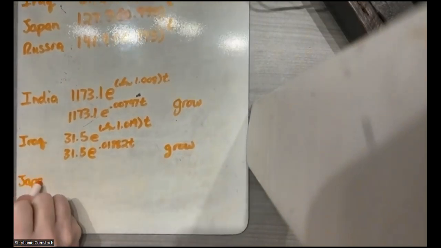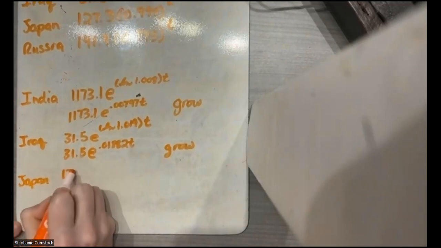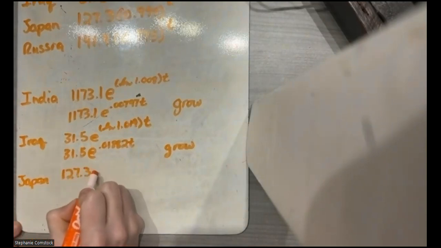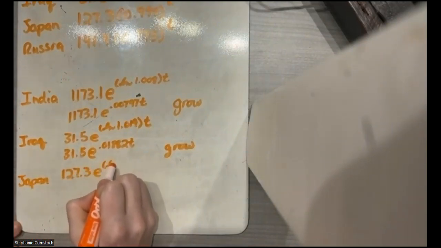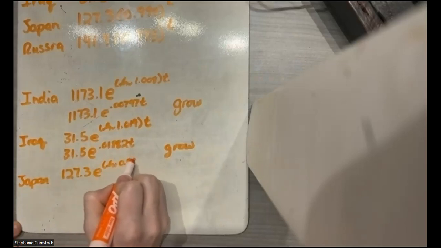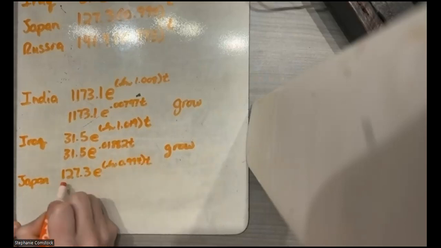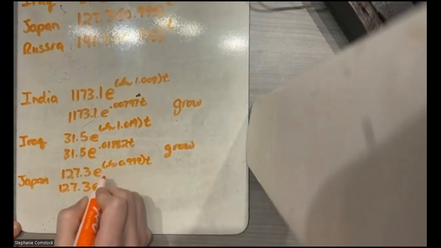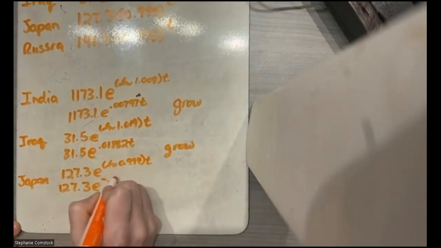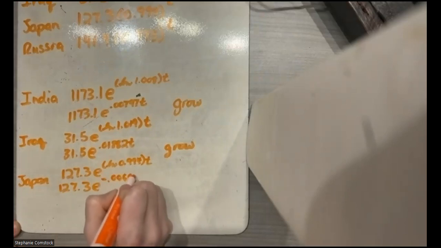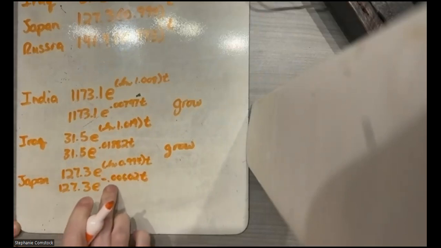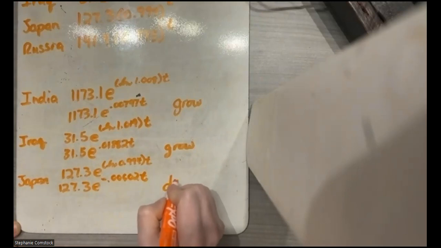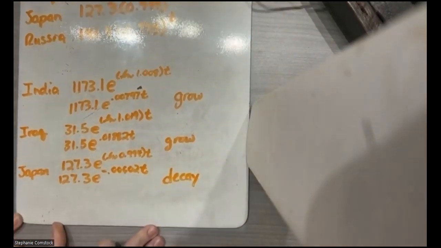Now Japan, I'm going to have 127.3 e to the natural log of 0.994 t, which is going to be 127.3 e to the negative 0.00602 t. Because that is negative, we know that it is decay, or that it's shrinking.